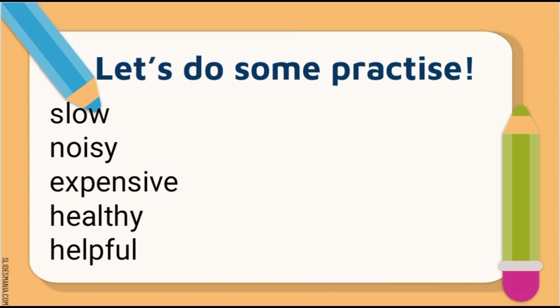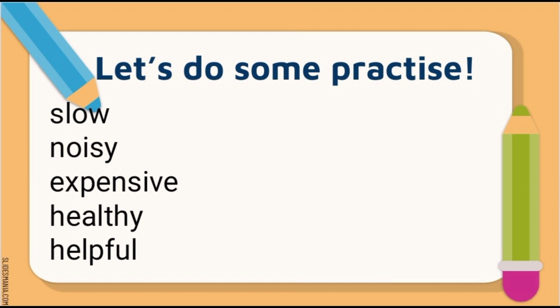Now, let's check how much you have understood by doing a short practice here. Alright, let's do it. As we do this practice, remember the three basic rules. If the adjective is one syllable, give it a sound of ER and EST.